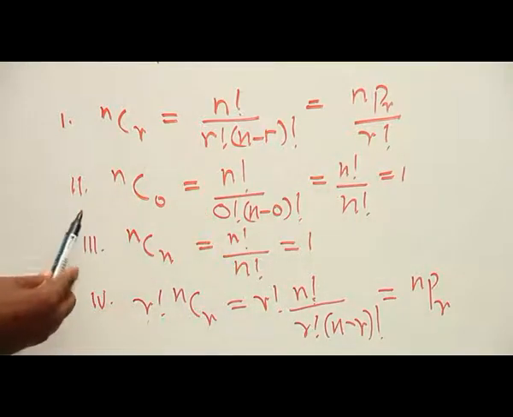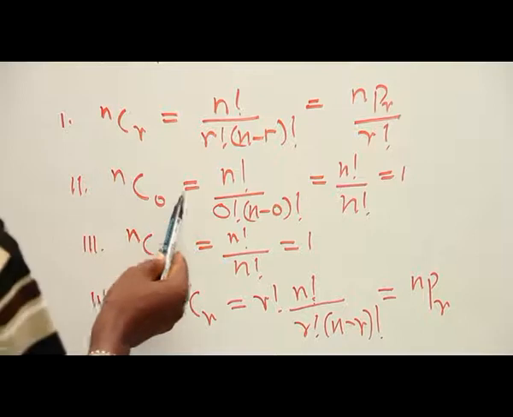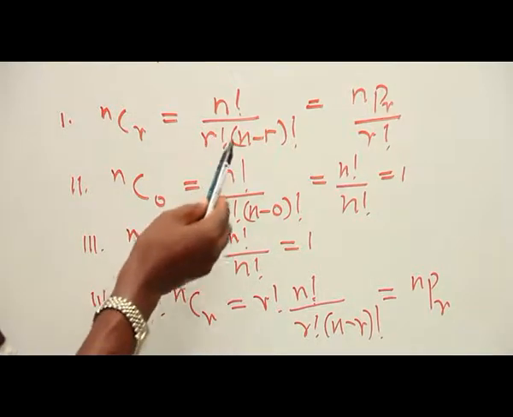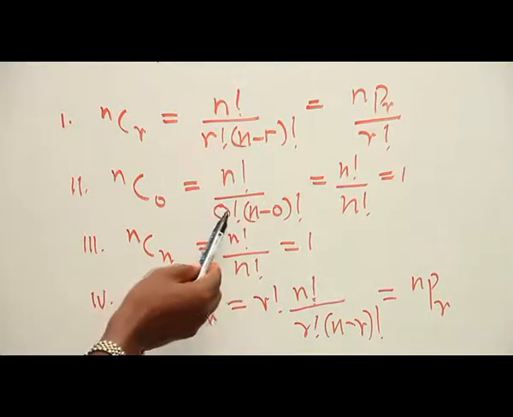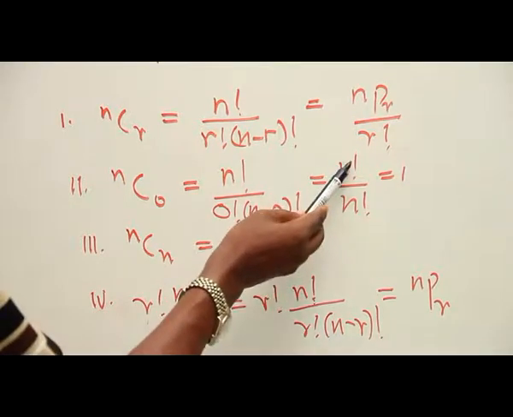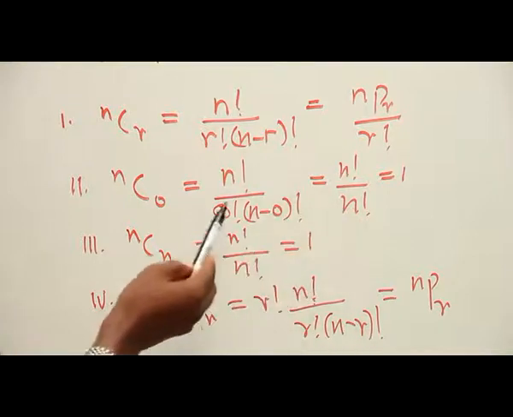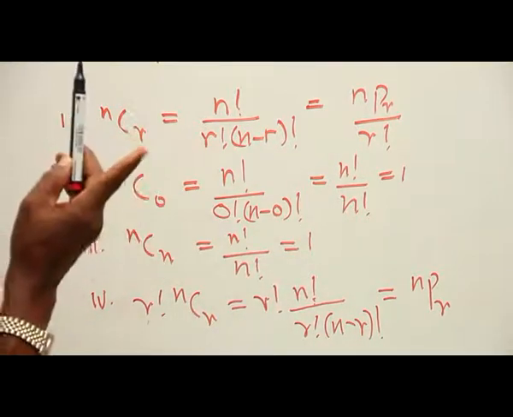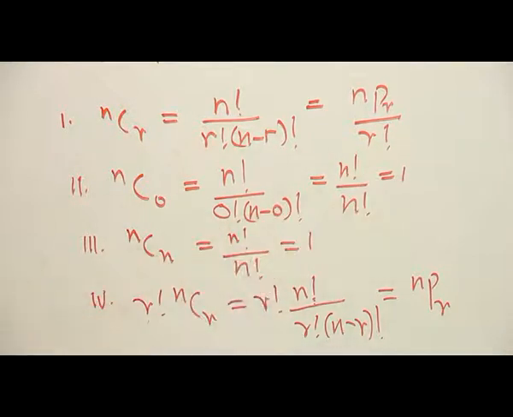The second one is nC0, which is equal to n factorial all over 0 factorial times n minus 0 factorial. This simplifies to n factorial over n factorial, because 0 factorial is 1, and the answer is equal to 1.